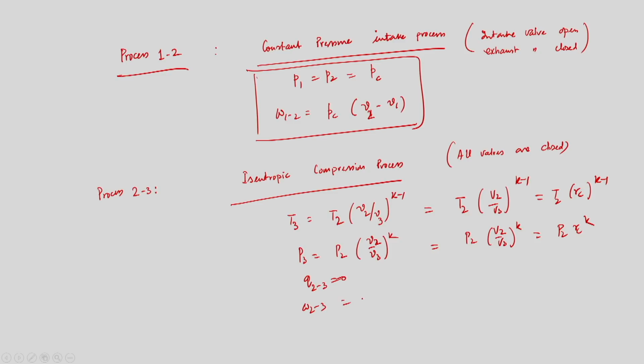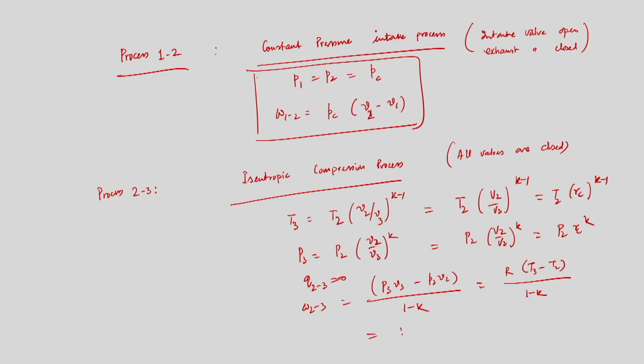That is what W23 is, that is (P3 V3 minus P2 V2) divided by 1 minus k, that is equal to R (T3 minus T2) divided by 1 minus k.